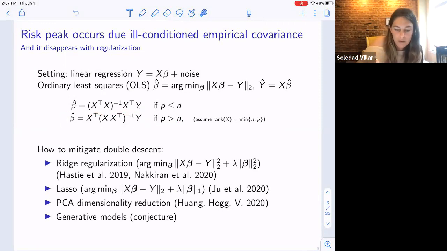And when you look at the B hat expressed in this form, if you look at the Marchenko-Pastur distribution, this matrix doesn't have zeros in the singular values. Does that make sense? Does that answer your question? Yeah, it's just because the computation is different when p is greater than N.